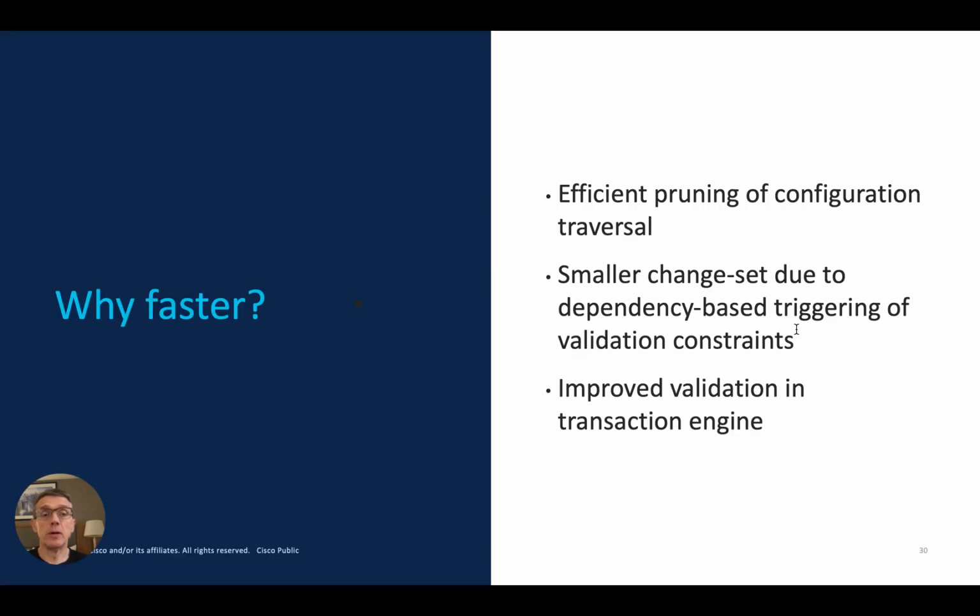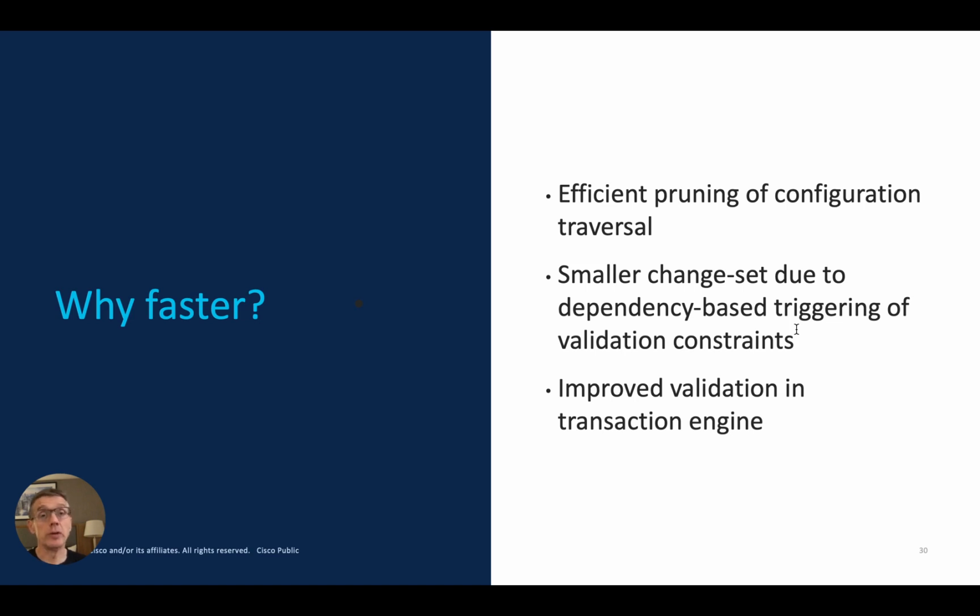Why faster? There are several factors for the performance improvement. The first one is more efficient pruning of the config traversal. It's the upgrade tree, which is minimal in terms of upgrade work. The second explanation is dependency-based triggering of validation constraints.